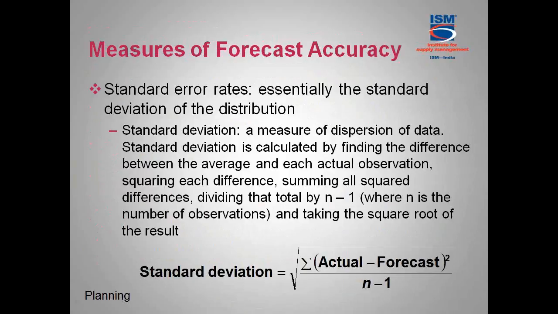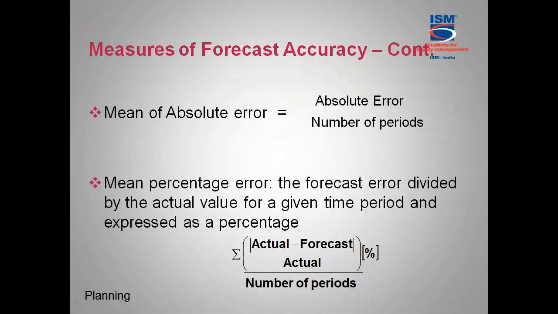Another way of doing this calculation, instead of the standard deviation, is the mean absolute deviation or mean absolute error. What is this? The absolute error divided by the number of periods. Suppose my forecast is 100 and my actual performance is 105.